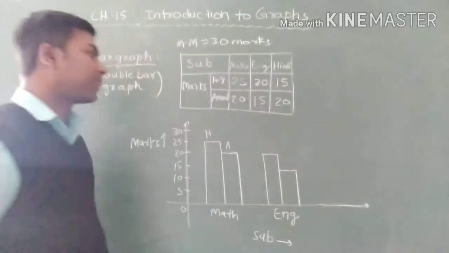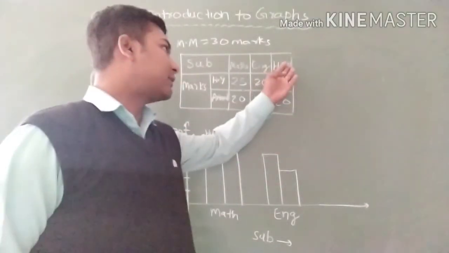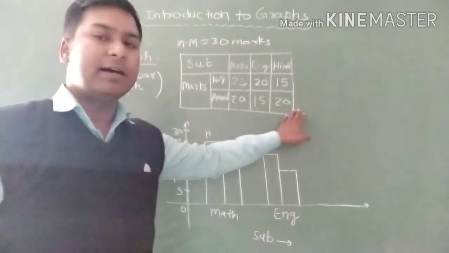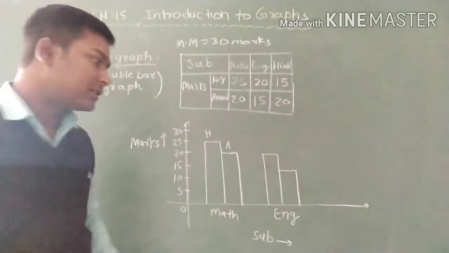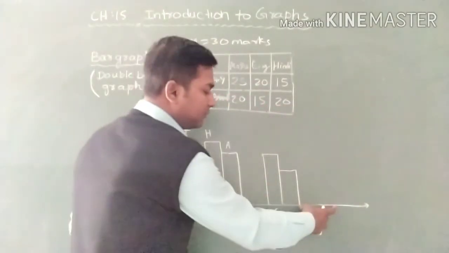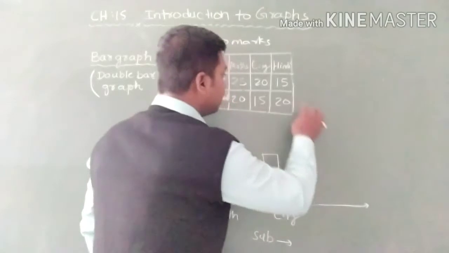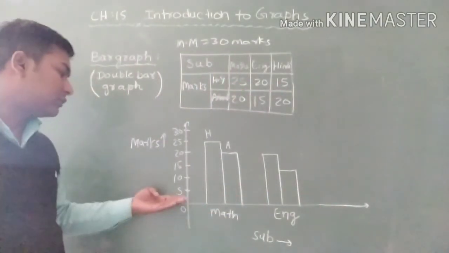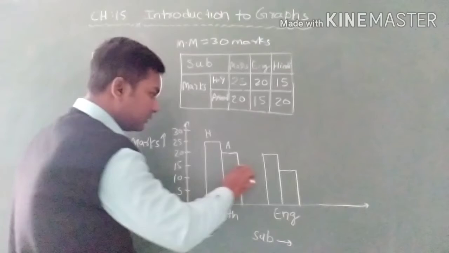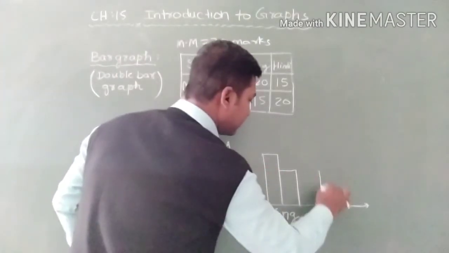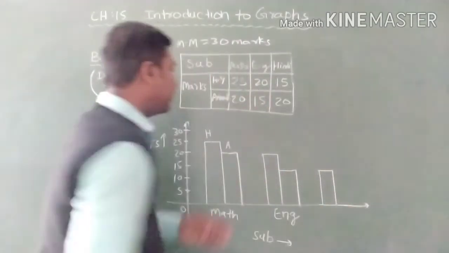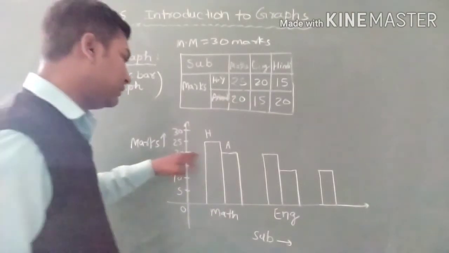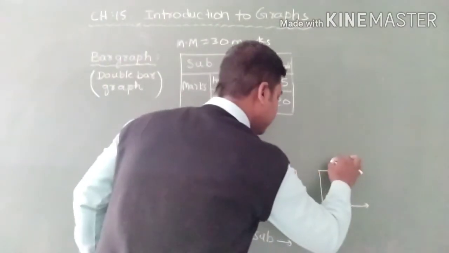Similarly, in the Hindi subject, half yearly is 15 marks and annual examination is 20 marks. So there are also two bars. Leave a gap in between. In half yearly the bar goes up to 15, and in annual examination 20 marks, so the bar goes up to 20.